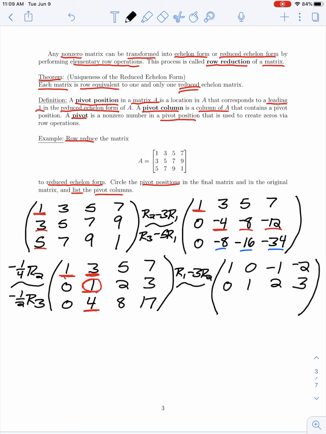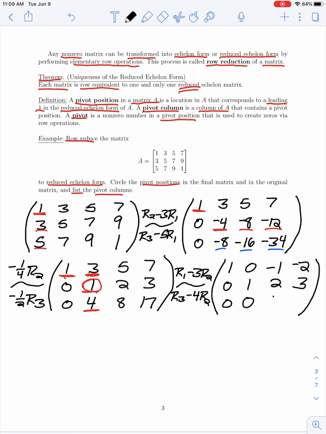And in my third row, I want to kill off that constant of 4. So to do that, using the leading 1 above it, I could take row 3 and subtract 4 times row 2. That would give me a last row of 0. -4 plus 4 becomes 0.